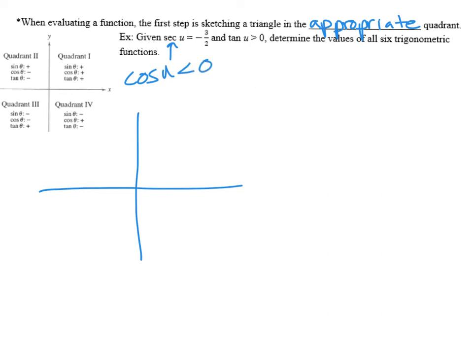So if secant is negative, so is cosine. Now what I'm checking in those quadrants is if cosine is negative and tangent's positive, where am I?